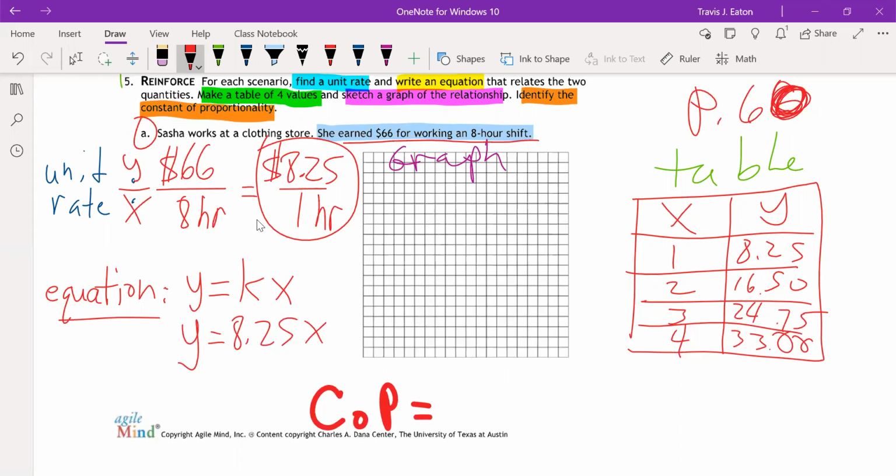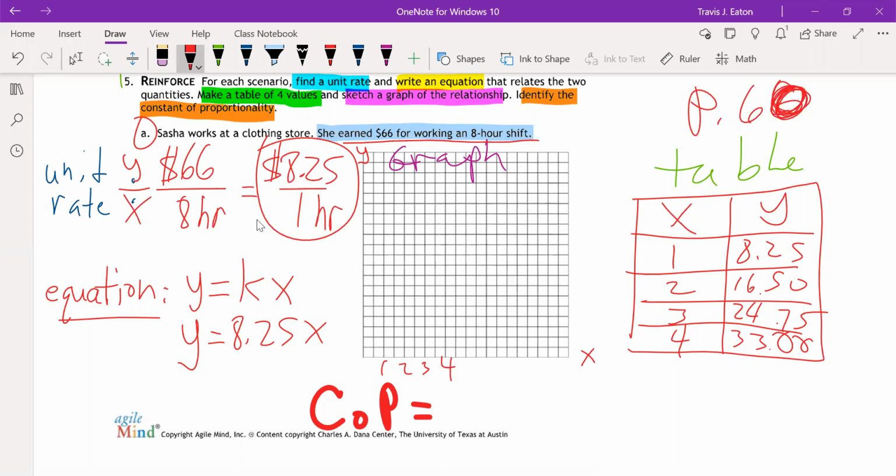Then it says to sketch a graph of the relationship. If this is my x-axis, that's where my input goes. Up here is my y-axis. There's 1 hour, 2 hours, 3 hours, 4 hours.